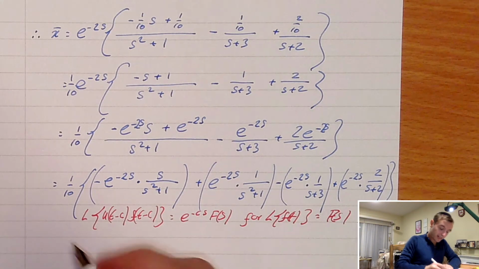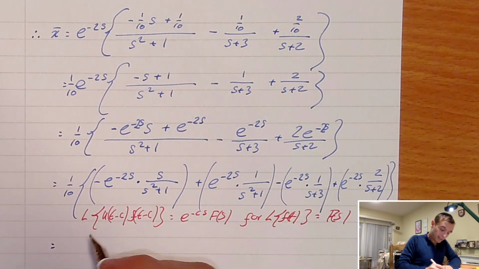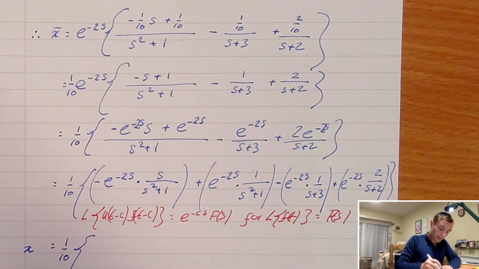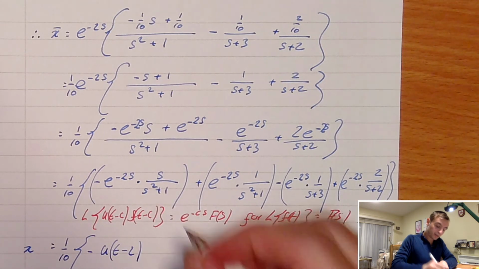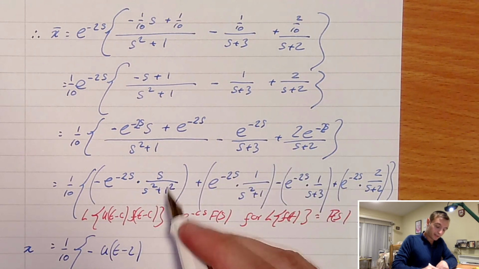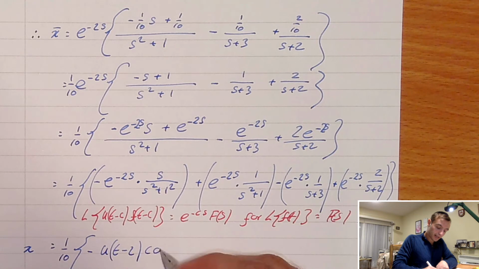So we can now say that x is going to be equal to 1/10 of e to the minus 2s, so we've got a u(t minus 2) shift going on. And if F(s) over here is s on (s squared plus 1) squared, we should be able to see that f(t) will be the cosine t function, and there's a shift of 2.